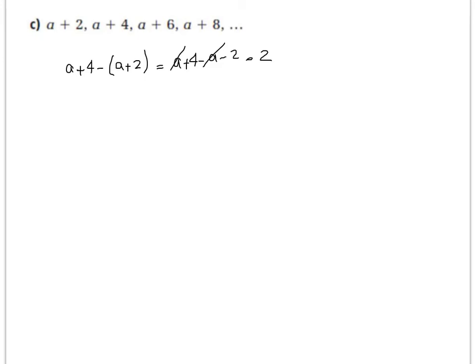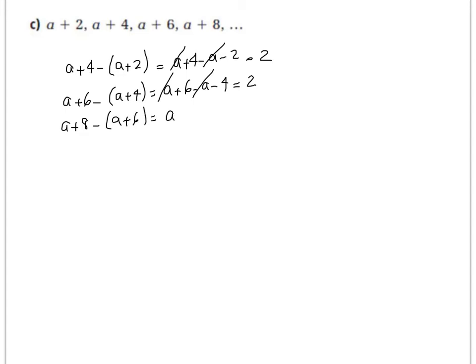Now I'm going to check the next term. (a plus 6) minus (a plus 4) gives me a plus 6 minus a minus 4. The a cancels, so I get 2 again. I can also try the next term. (a plus 8) minus (a plus 6) gives me a plus 8 minus a minus 6, which is going to be 2. Since the differences are the same, this is an arithmetic sequence.